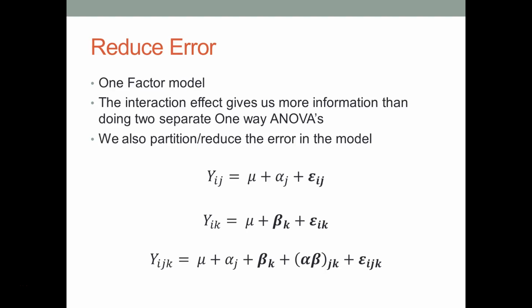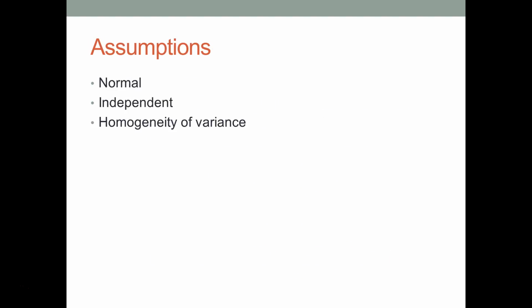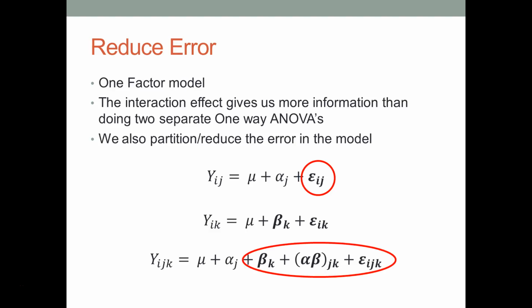We can separate it out, as I said, and we also can partition and reduce the error further. So this is error. If we just used alpha, we can circle all that stuff. That's how much more we're breaking up that error term. So we can think of it as if you just had the first factor, the only factor you cared about.